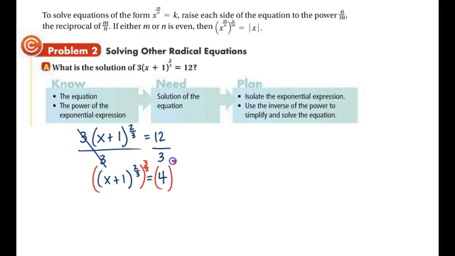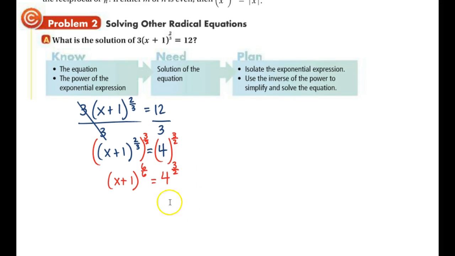So we're going to raise both sides to the 3/2 power. When I do that, I get x plus 1 to the 6 over 6, which is essentially 1 power, and that is equal to 4 to the 3/2.